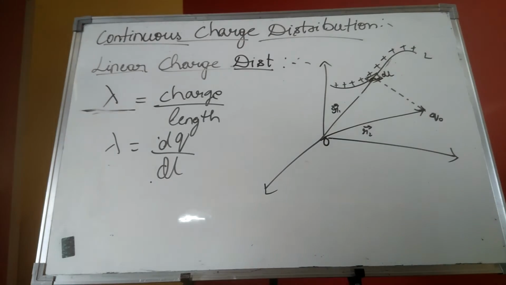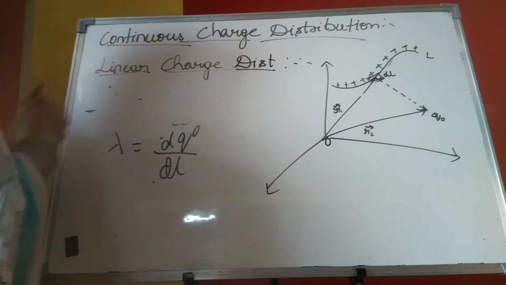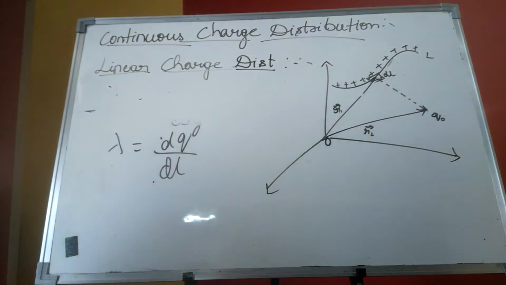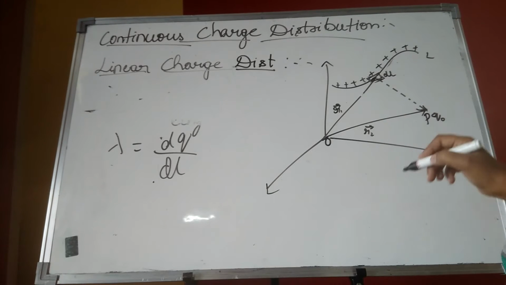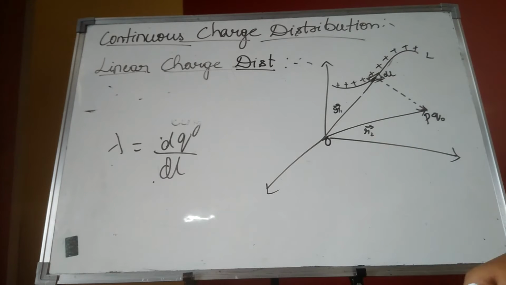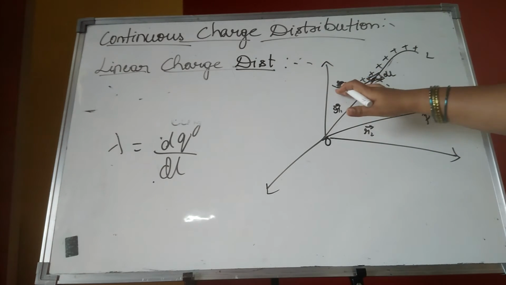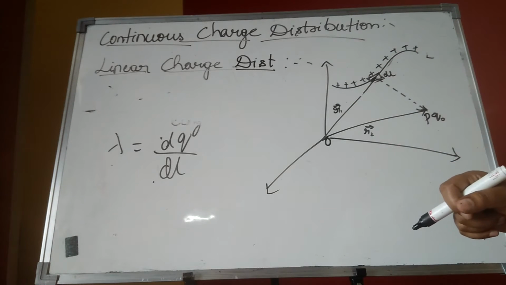Next, let r1 be the position vector from the origin to the infinitesimally small element dl, and r2 be the position vector from the origin to the point P, where we have to calculate the electric field intensity due to this charge distribution. Let the test charge be taken as Q naught.